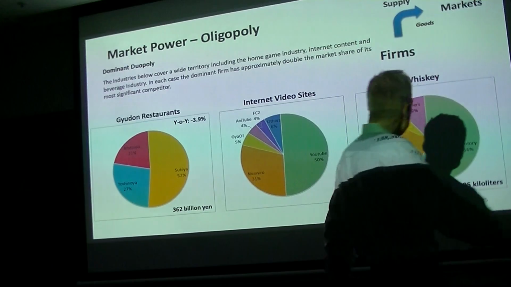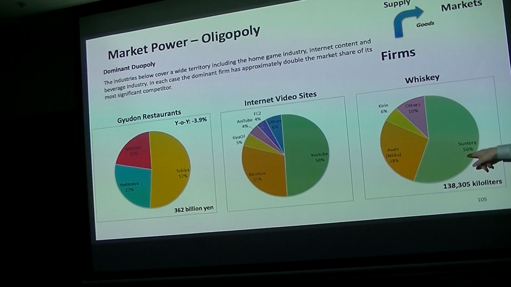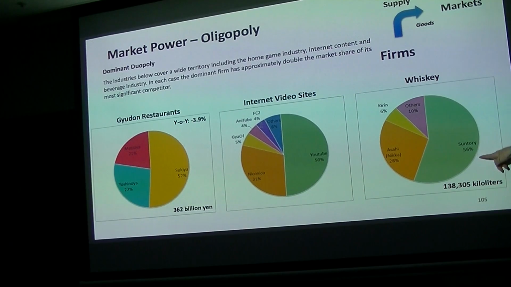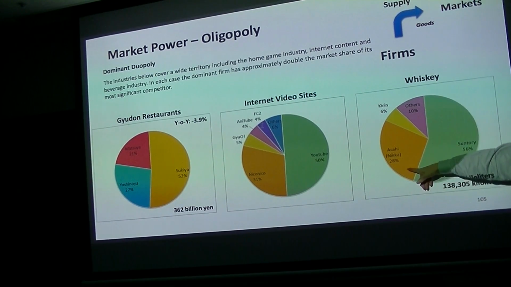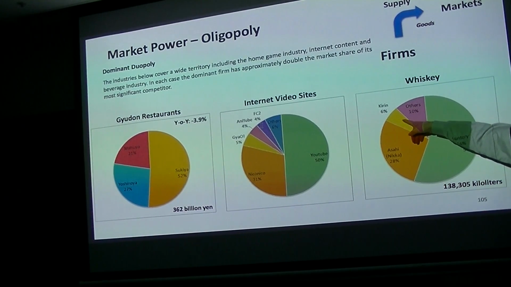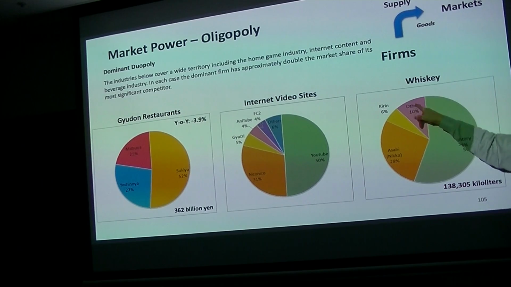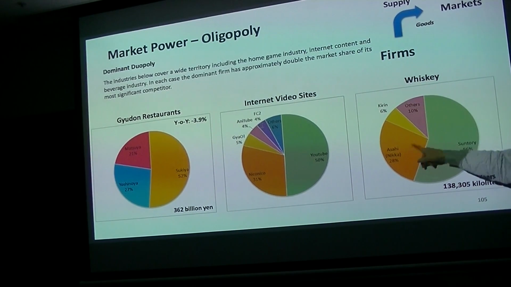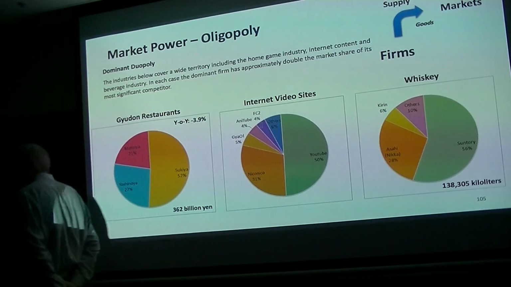But anyway, Suntory is the big one, that's 56%. It's a pretty good market share. Nika Asahi, 28%. Kirin only has a 6% market share. This is probably foreign. I would think these are foreign whiskeys. So the Japanese whiskey manufacturers are pretty significant.